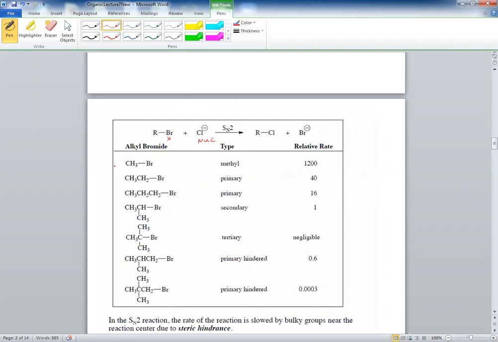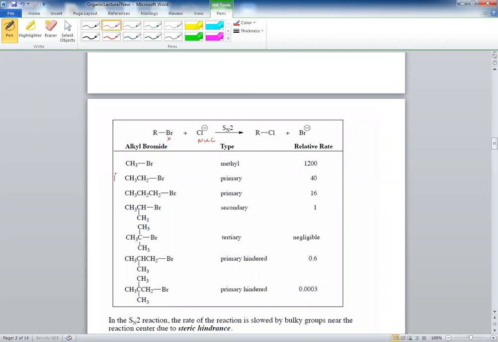We notice that with methyl, it's very fast. 1,200 is the relative rate. Whereas if you go to primary, you start adding a carbon to that electrophilic carbon, the rate drops significantly. So it's now down to 40.